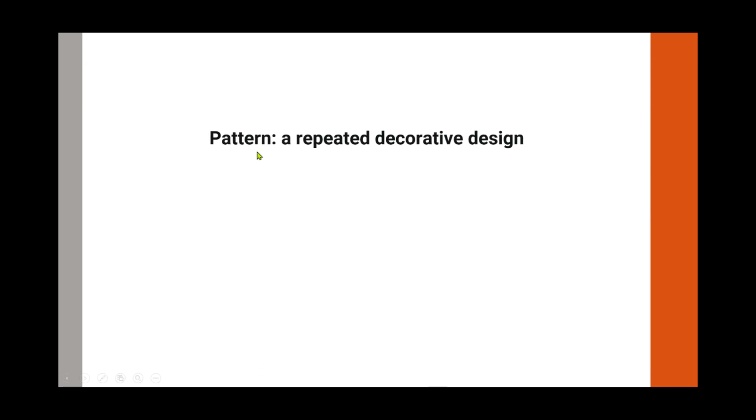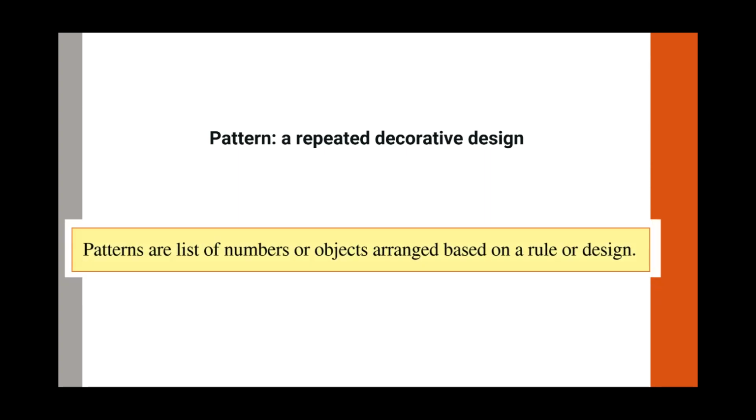Okay, this is the meaning of pattern that I got from the internet, the web. So pattern is a repeated decorative design. Now, if it is from the book, when it comes to mathematics, the definition will be a little bit different. You look at the meaning here. Patterns are a list of numbers or objects, arranged based on a rule or design.